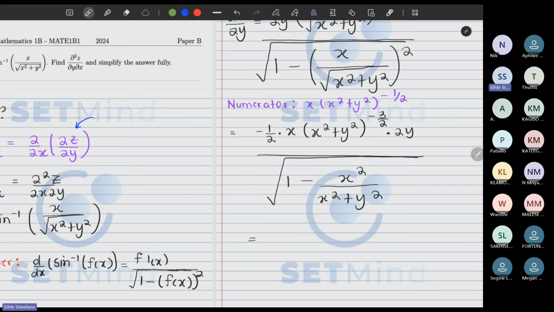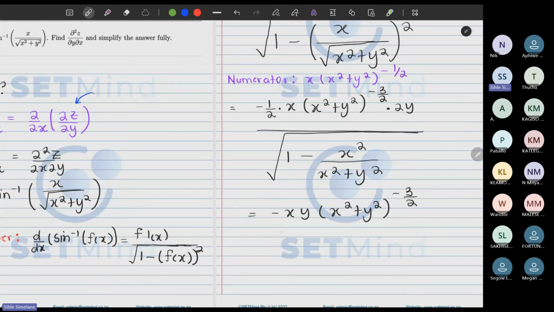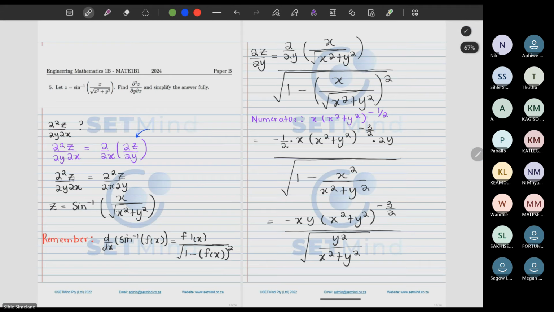Our numerator, the 2's will cancel, such that what we have is just negative xy into x squared plus y squared all to the power of negative 3 over 2. And our denominator, you observe carefully, this will multiply here such that the x squareds will cancel, and we will end up having the square root of y squared divided by x squared plus y squared. Okay, this will simplify on the coming page.